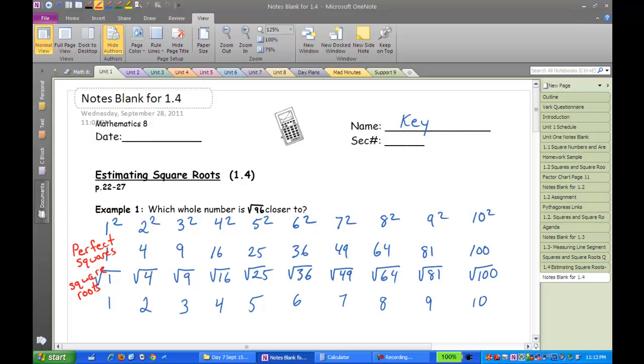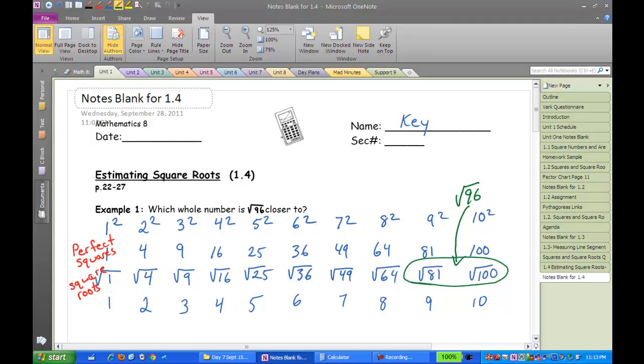And now when we look at which whole number is the square root of 96 closer to, well, let's go here. We have 96, well, we have the square roots of 81 and 100. Okay, the square root of 96 is going to be somewhere in between here. Therefore, which whole number is the square root of 96 closer to?